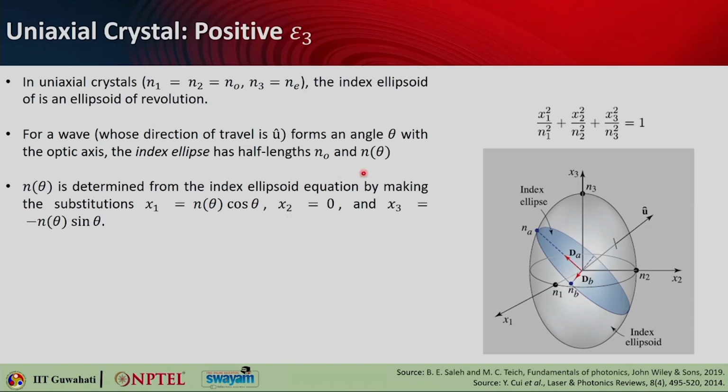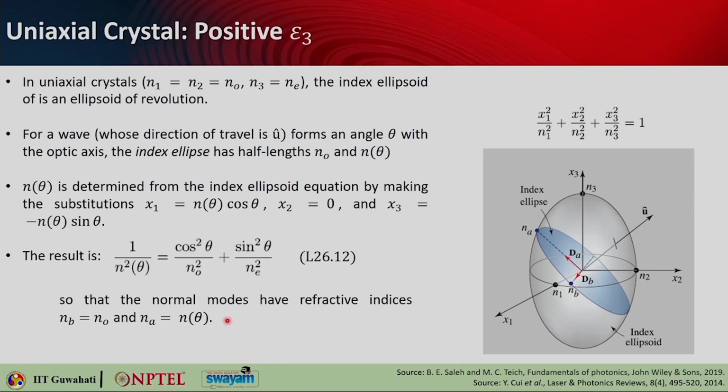So, N theta needs to be determined from the index ellipsoid equation. If you make certain substitutions like x1 equals n theta cos theta, x2 is 0, and x3 equals minus n theta sin theta, you get the equation that relates your n theta with NO and NE.